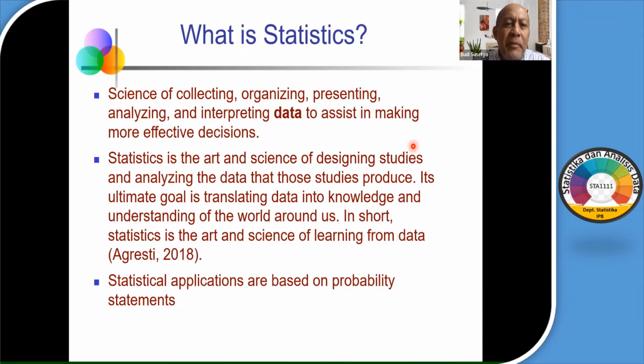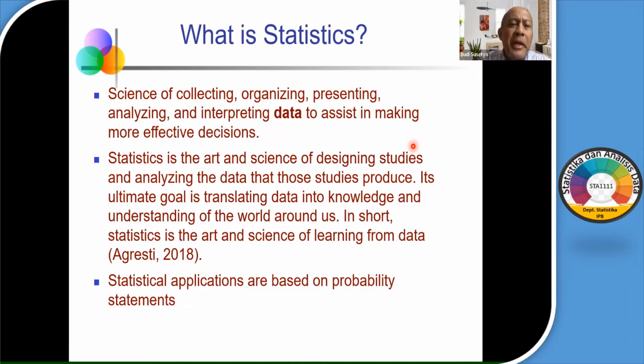One expert defined statistic as the science of collecting, and then after collecting, organizing, after organizing, and then presenting, analyzing, and interpreting data. What for?